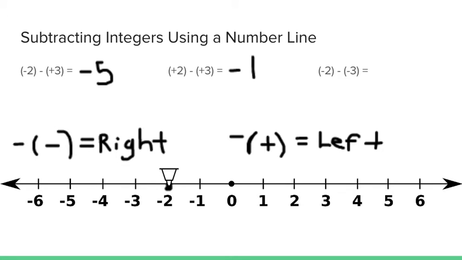We're taking away negatives, which means we move to the right. So I'm going to move 3 spaces to the right. 1, 2, and 3. This means that our answer here is positive 1. The main takeaways to remember: taking away negatives, you move to your right. Taking away positives, you move to your left.